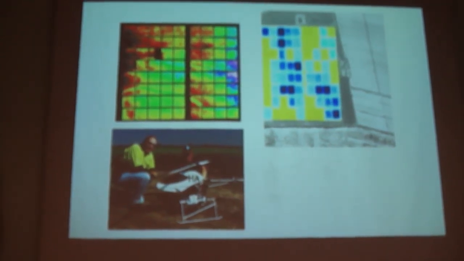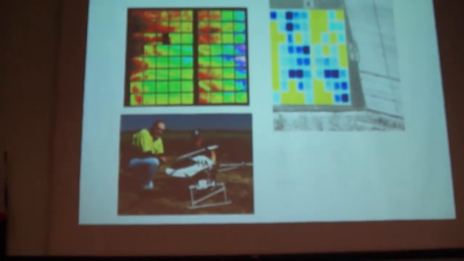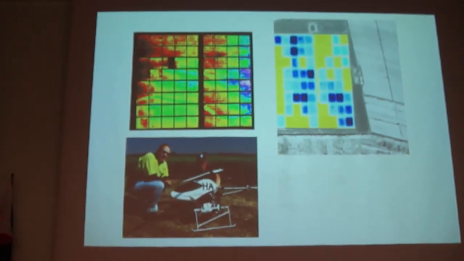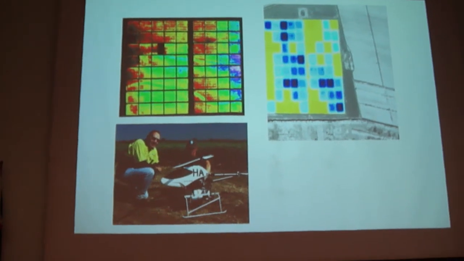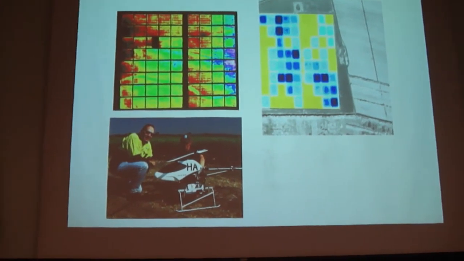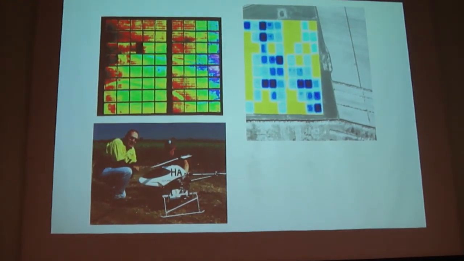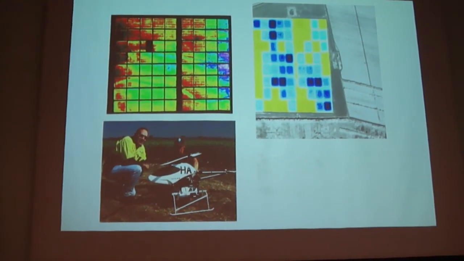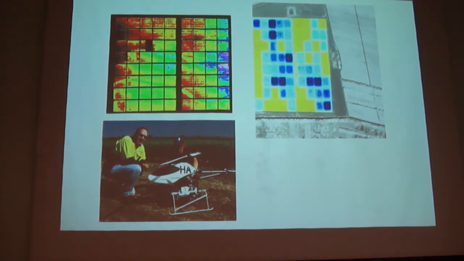Electronic instrumentation, sensors, computer power, all that stuff's getting cheaper. Drones that can go and fly a raster pattern over a field with little sensors looking down at the crop, those are getting cheaper.